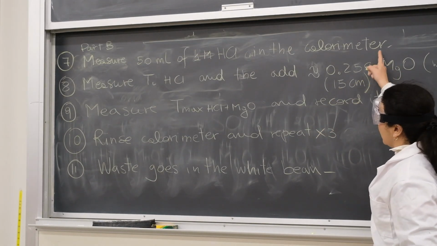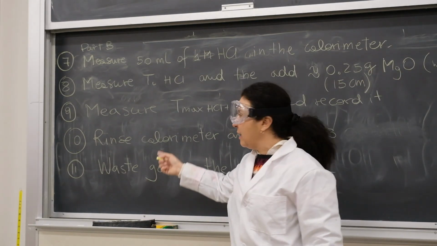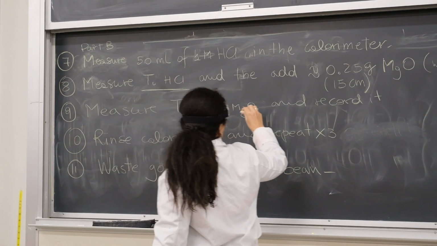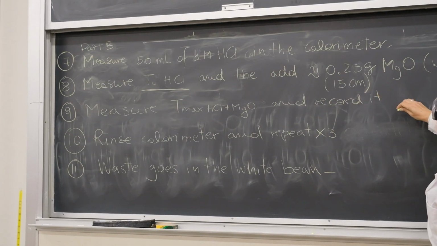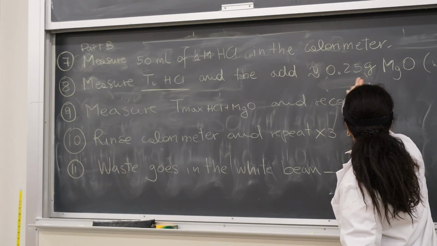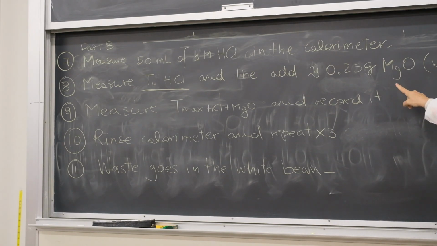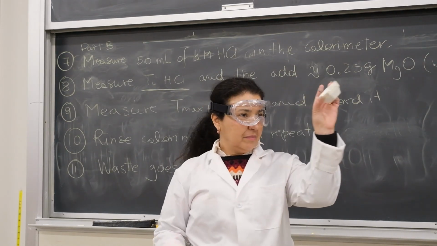Then we are going to put this in a calorimeter, take the initial temperature of the solution, and then add, I made a mistake, sorry, I wrote this here, 0.25 grams of magnesium oxide in the boats, okay?